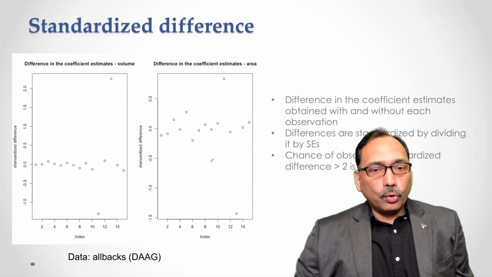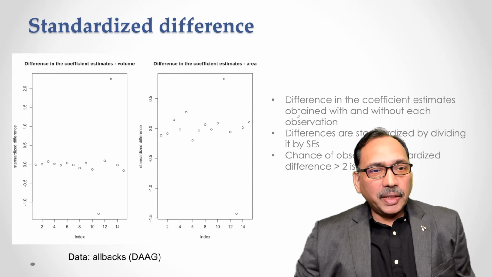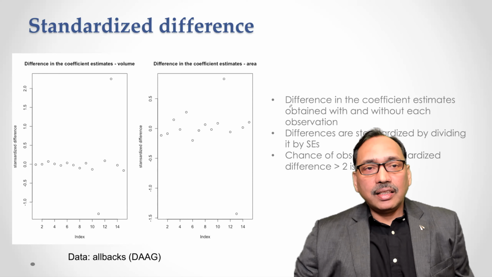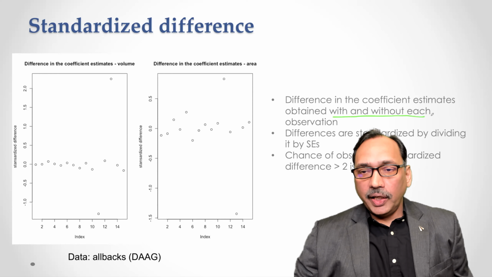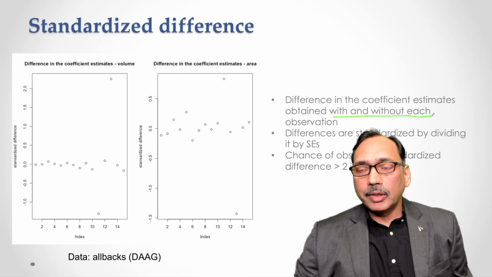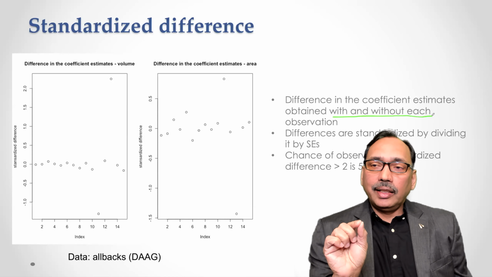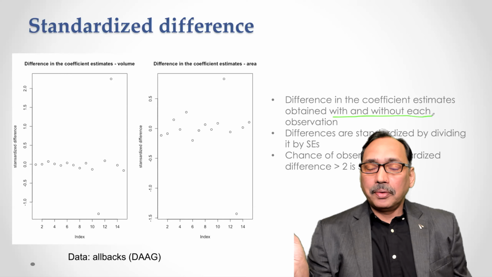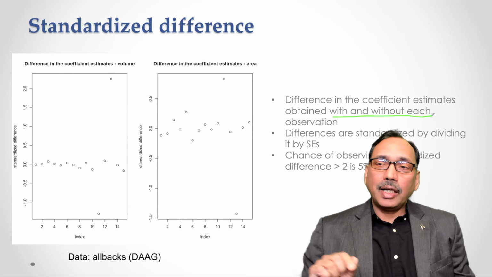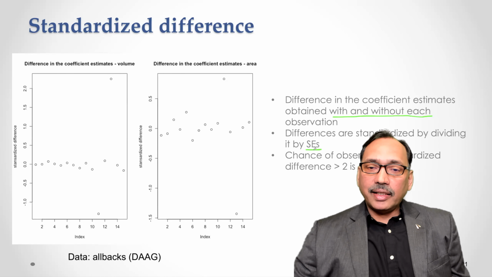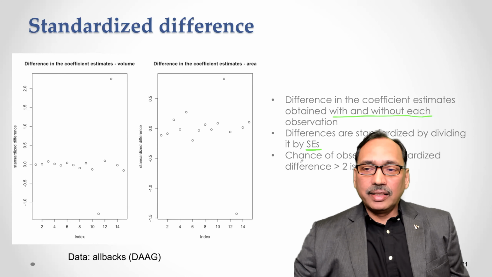Another way you can explore if values have a big impact is to find the standardized difference. That is the difference in coefficient estimates obtained with and without each observation. Basically, take the difference between whatever estimate you had earlier and the estimate you get after eliminating a data point, and also divide it by the standard error so that we get standardized differences.